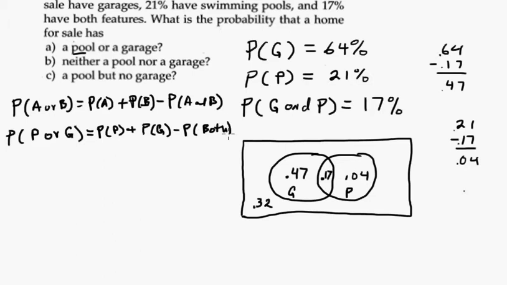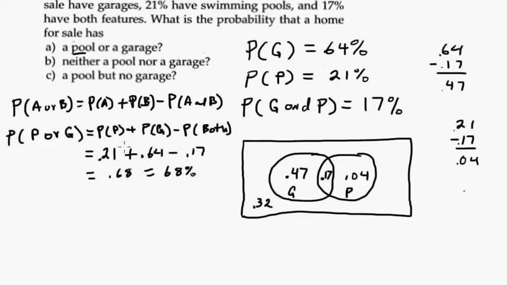So the probability of a pool is 0.21, and the probability of a garage is 0.64, and the probability of both is 0.17. So that's going to be 0.68, or essentially 68%.